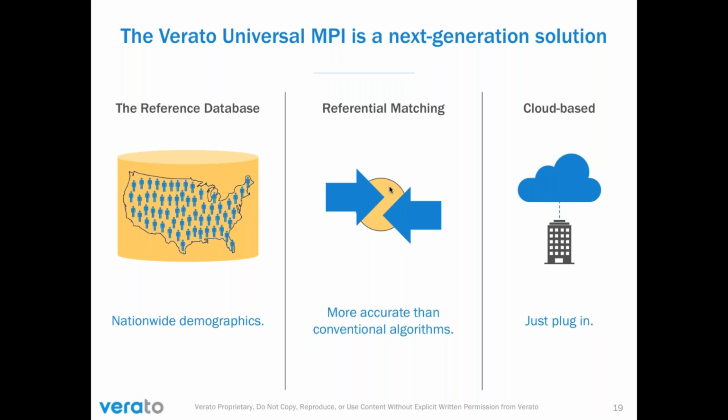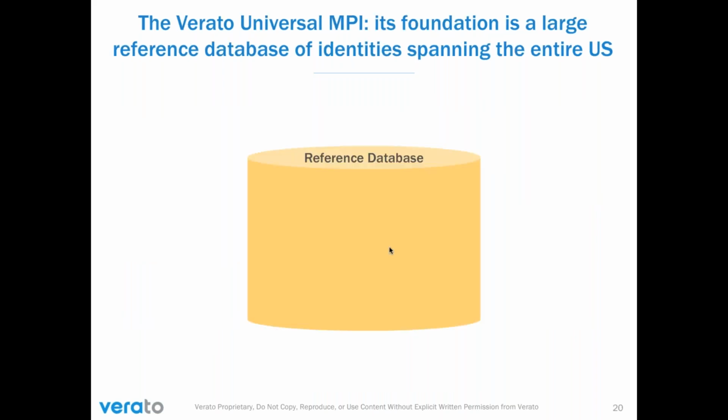So from an accuracy perspective, we can get very accurate results, and we don't have to go through these exercises of trying to tune to some very specific characteristics of the data. Basically, we're tuned to this national population that we have in our database already. So that approach not only makes it more accurate, but it also makes it much simpler and faster to implement, and gets you out of this ongoing tuning business. So that's really the idea with our approach.